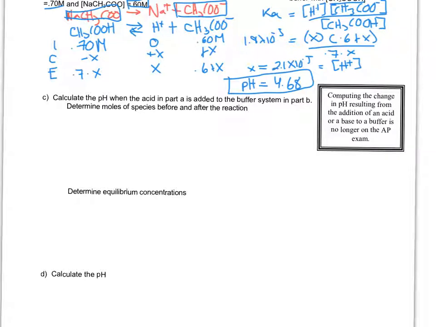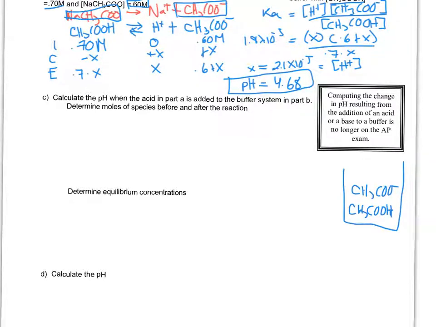So I have a beaker that has a buffer. The buffer is made up of my acetic acid, CH3COOH. And it also has some sodium acetate. The sodium ions are negligible, they're spectators. What I care about here is my acetate, that's my common ion.